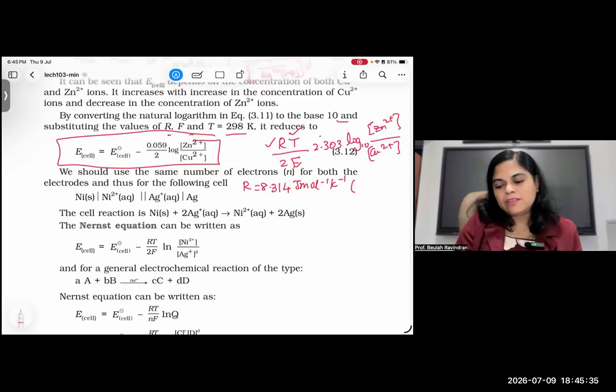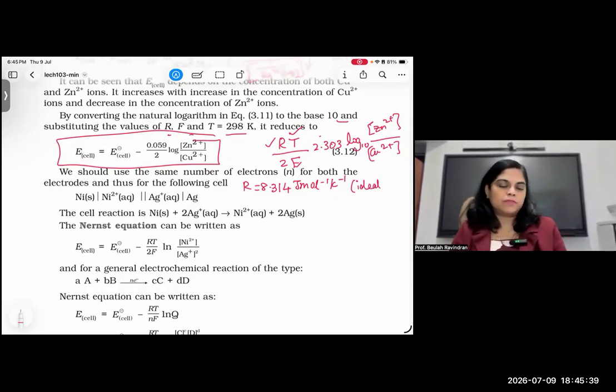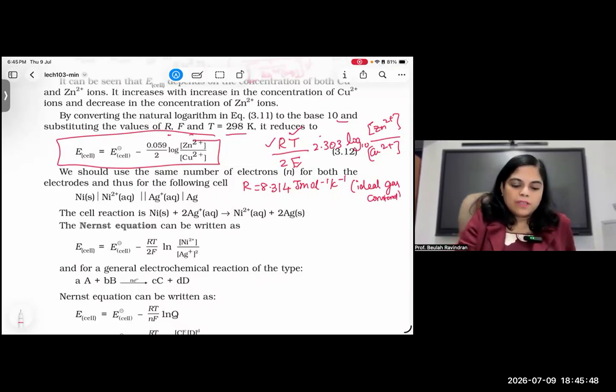This chapter is deleted for your grade 11, so you might not be aware of this gaseous state. For the CBSE students, I'm telling. Then T is the standard temperature. Here it is given as 298 Kelvin, which is basically 298.15 Kelvin, or 25 degrees Celsius.